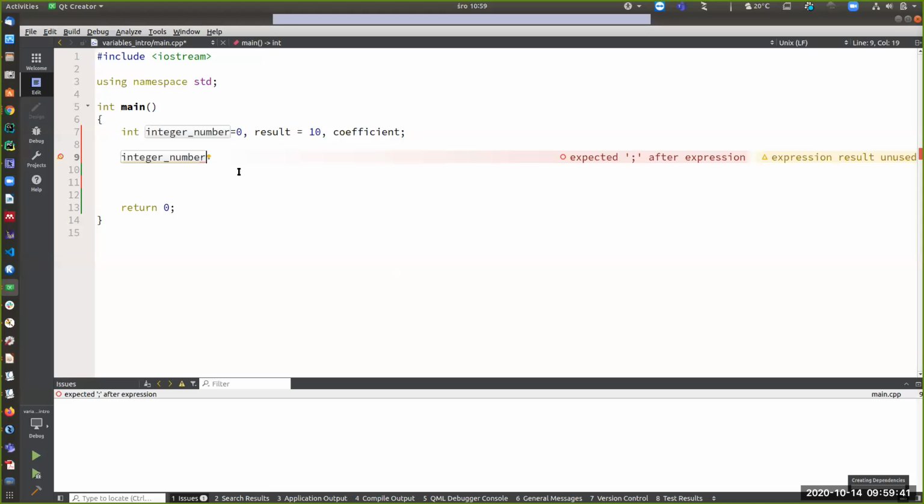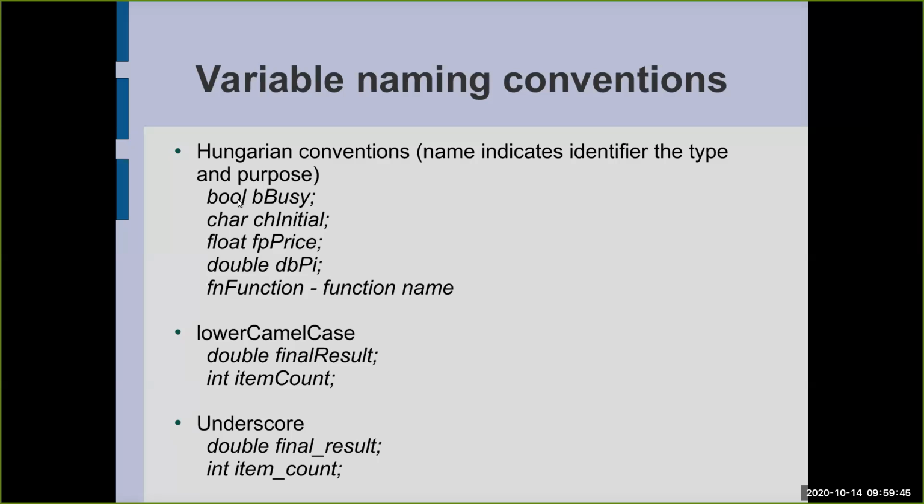There are also several naming conventions. So you can use the convention which is suitable for you. We have the Hungarian convention, where the name also contains information about type.